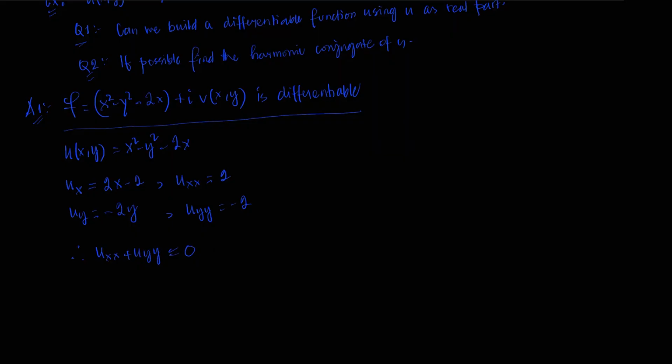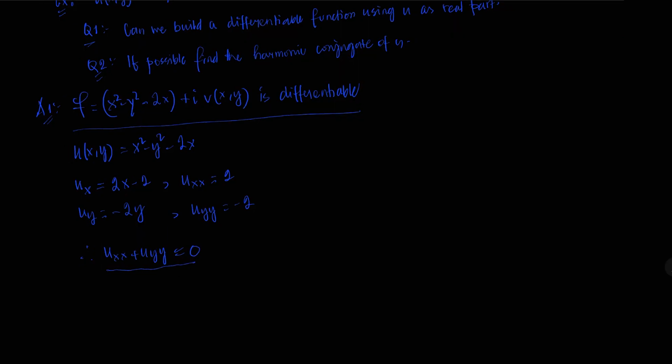Therefore the Laplacian of u is 0, and hence this is a very nice candidate for the function to be analytic, because if f is differentiable, then both the real and the imaginary parts have to satisfy the Laplace equation. This satisfies the Laplace equation, so this is a nice function.